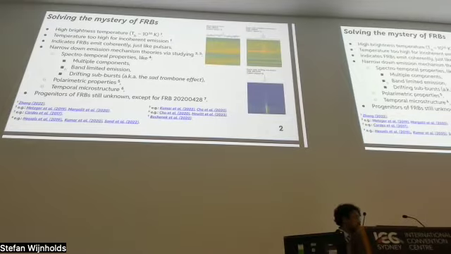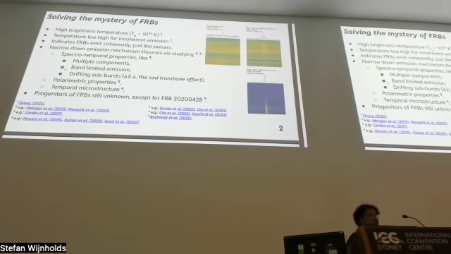Their high temperatures and coherent emission point towards a pulsar-like emission, but their emission is very narrow band, as you can see here. They also sometimes have multiple components present in their bursts. They also show a drifting subburst effect, known as the sad trombone, like ton ton ton.